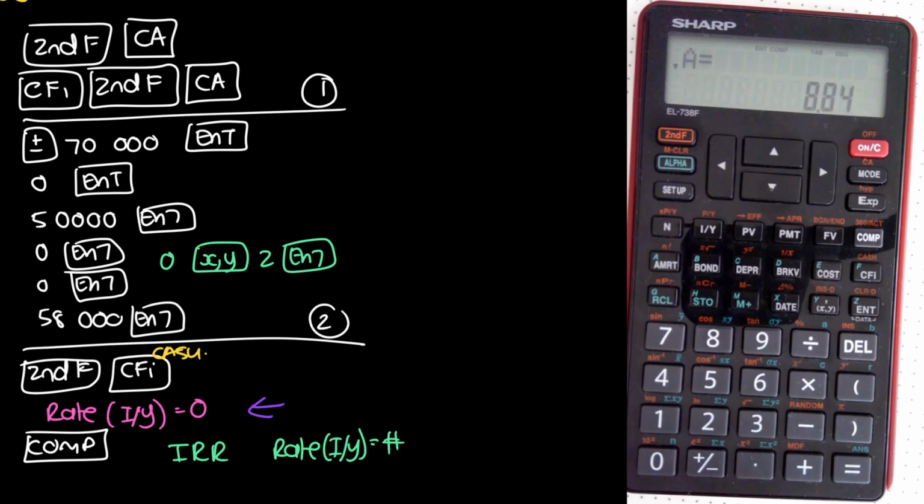So the IRR is greater than the I of the bank, and therefore the return of the project has a larger percentage. So we accept the project. So it's going to give us more money for what we put into it.